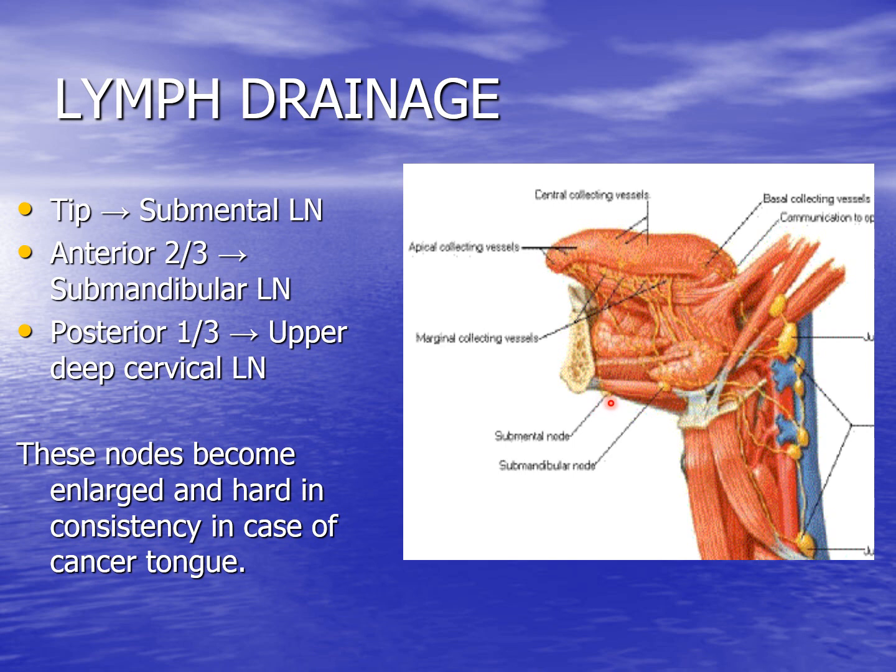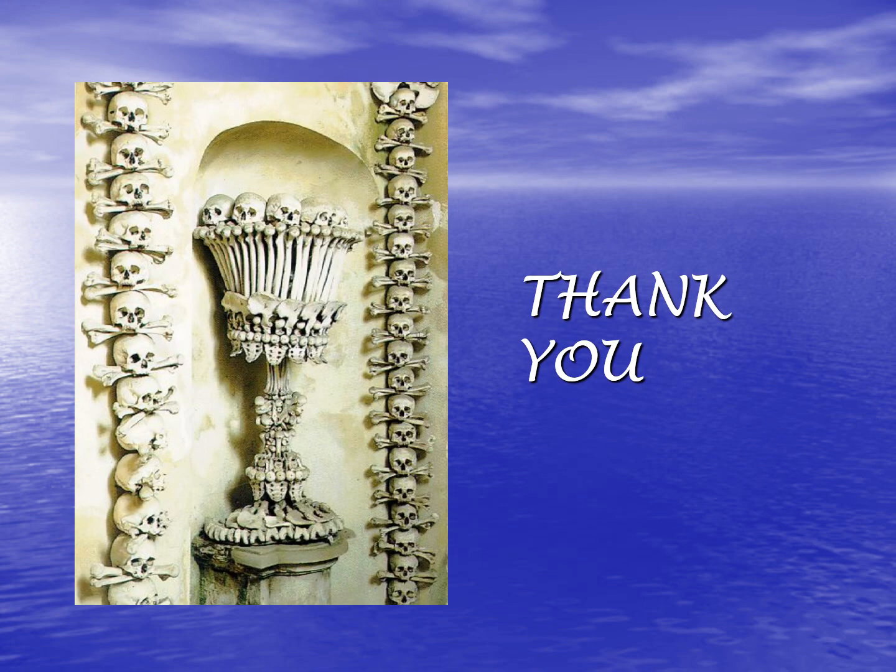If they are stony hard and not painful, this will give you an idea it might be cancer. If they are soft and painful, most probably it is inflammatory. But you are also going to use other methods, such as biopsy or other techniques, to diagnose malignancy. Thank you.